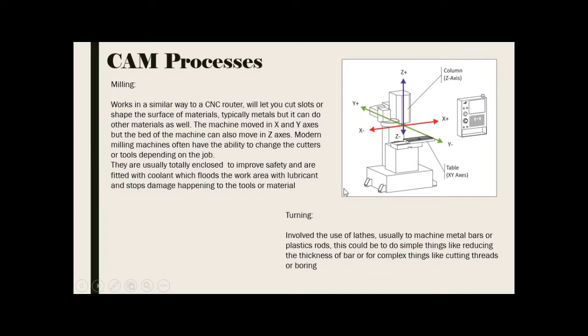Now turning, again, is one that you can get a CNC one and you can do manually as well. It involves using a lathe, typically used for metal bars or plastic rods. Same thing, you'll have it programmed, you put your material in and it will spin around and it will let you reduce the thicknesses of bars, or cut threads for screws, or if you're going to do something where it's got to have decorative waves on it, anything like that.